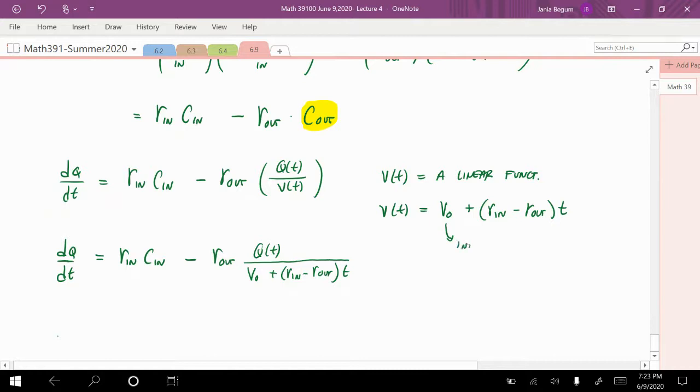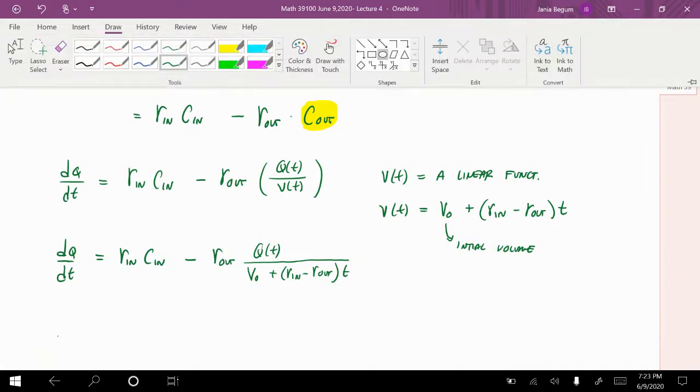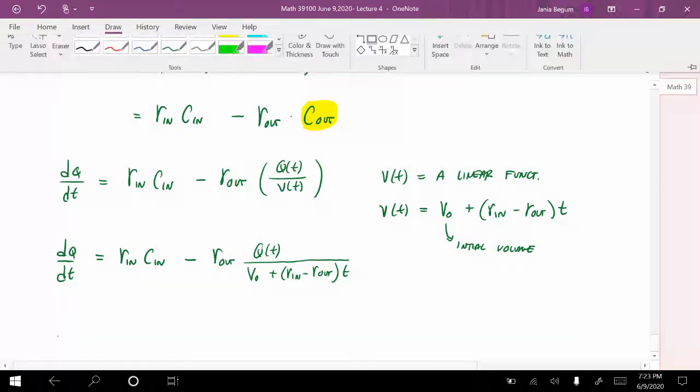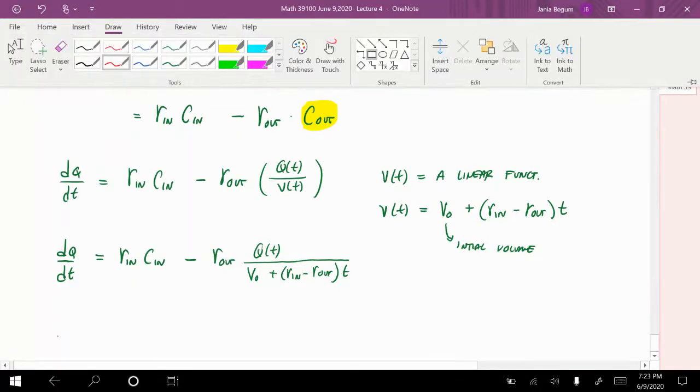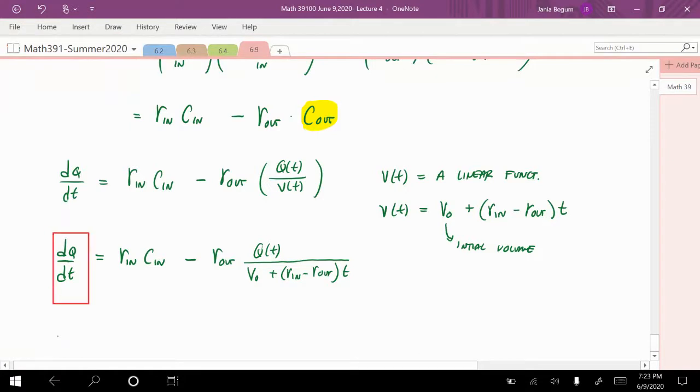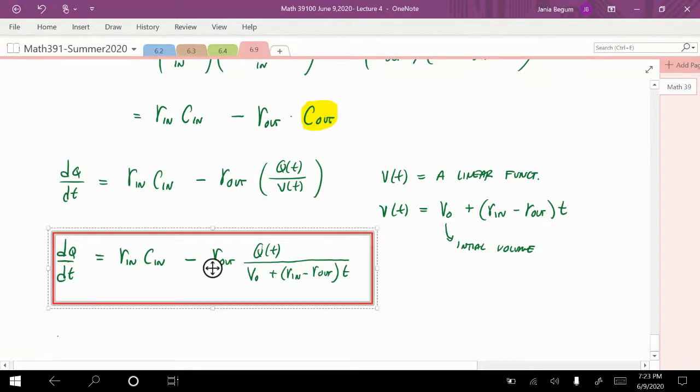V0 is the initial volume. So that's the magical formula that we're going to use to measure the amount of salt in the tank.